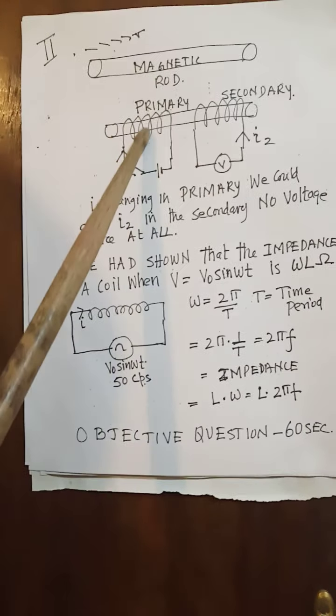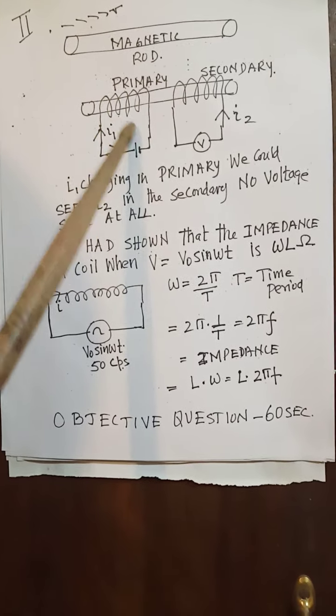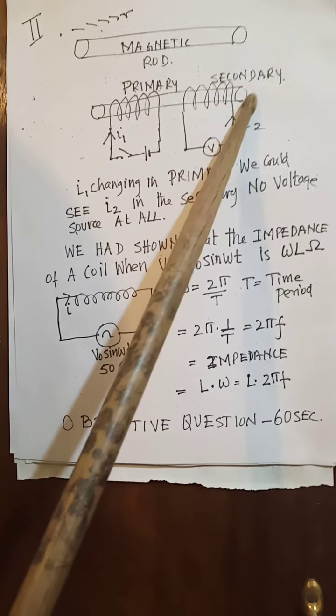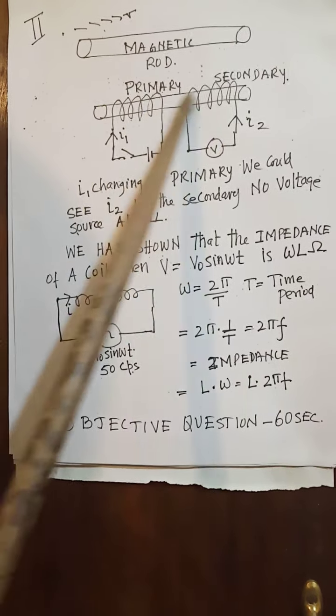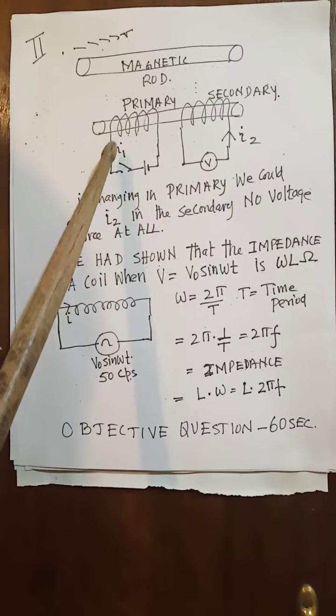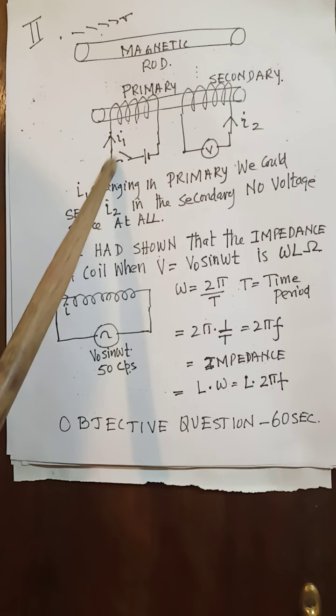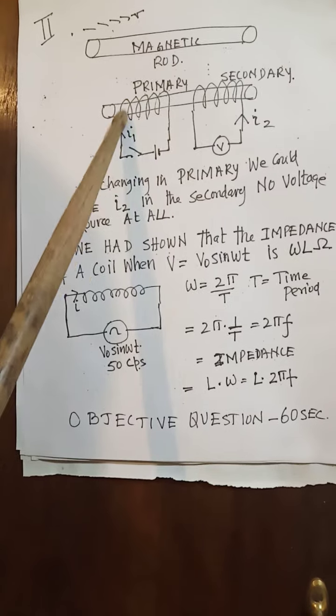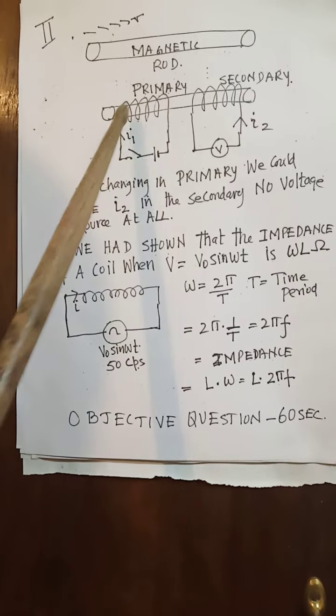See, this is mutual. What does mutual mean? I send a current in this primary, and this is a magnetic material, say steel will be best. So what will happen when I switch this on, there will be di by dt from 0 to 2 ampere.